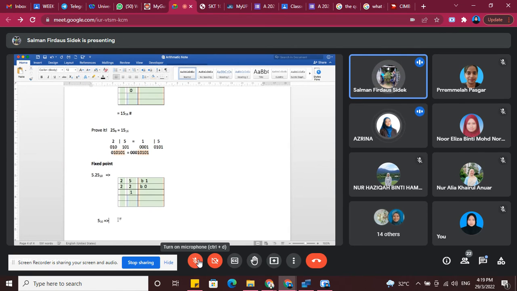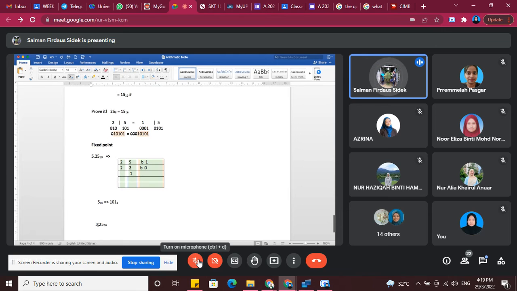Jadi 5 bersamaan dengan 101. Okay, so dapat dah 101 base 2. Ini biasalah teknik yang kita gunakan.